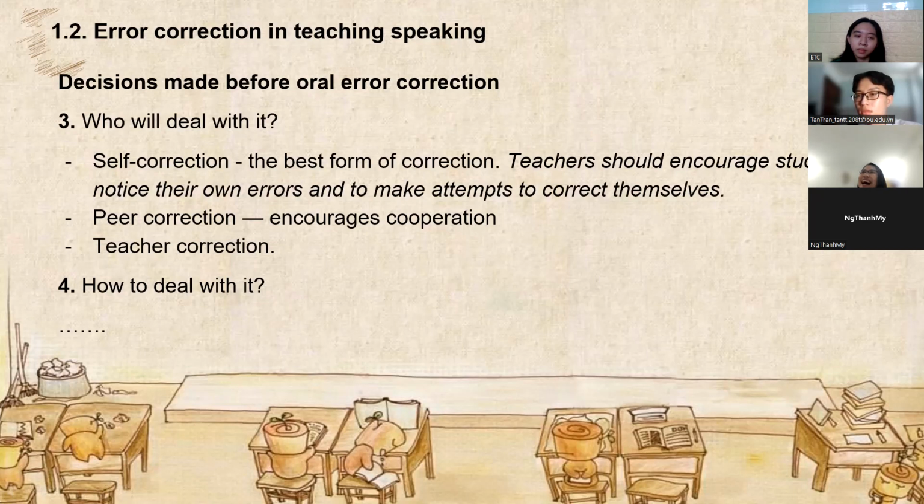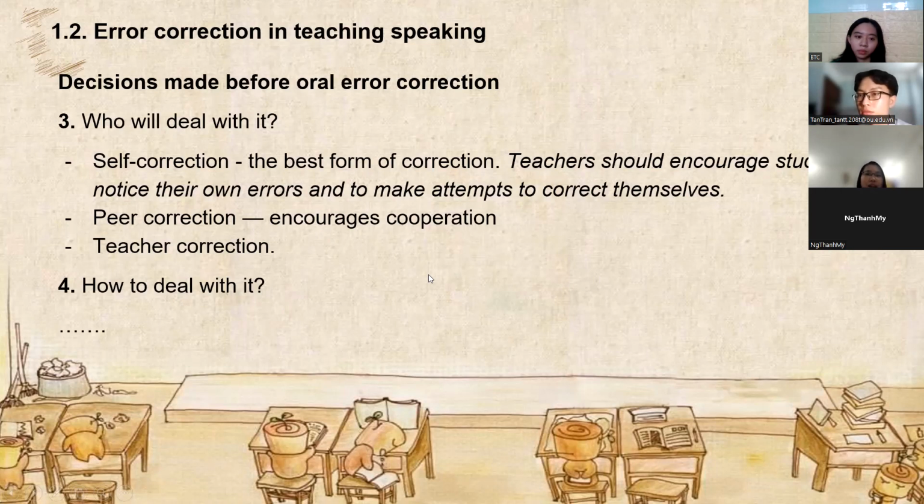I mean, if between Middleton and me, Middleton has a speech and I will give him the feedback. However, my knowledge is not as good as Middleton's. So sometimes my feedback is not really effective for him, right? So for the second one, we should be careful when we use this kind of technique.